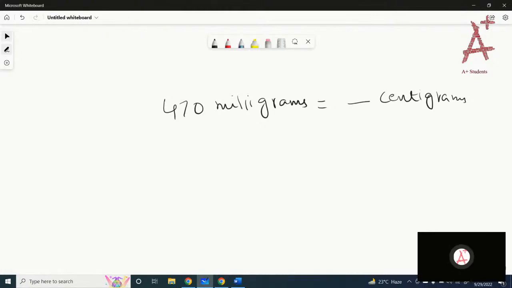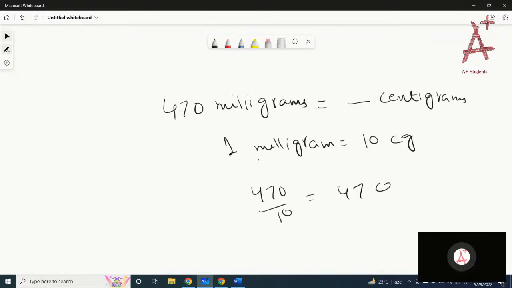The conversion factor is, in 1 milligram you have 10 centigrams. So you have to divide 470 by 10. 470 divided by 10 equals 47 centigrams. Got it?